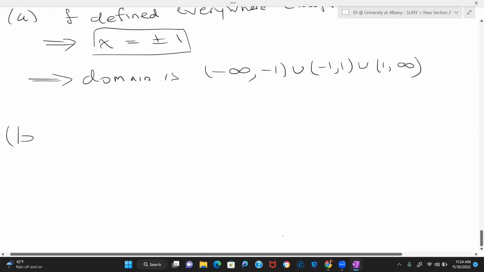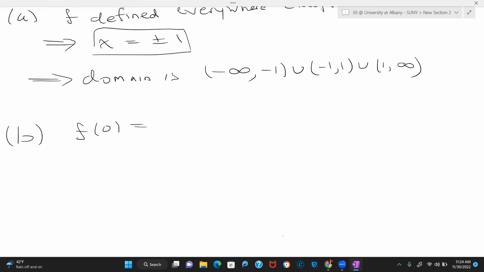What about the y-intercept, x-intercept? All right, so if you plug in 0 to the function, you're going to get 0. So 0, 0 is the y-intercept.